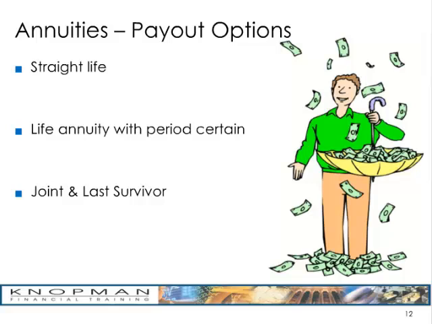And a joint and last survivor annuity will pay monthly distributions over the lifetime of 2 annuitants.